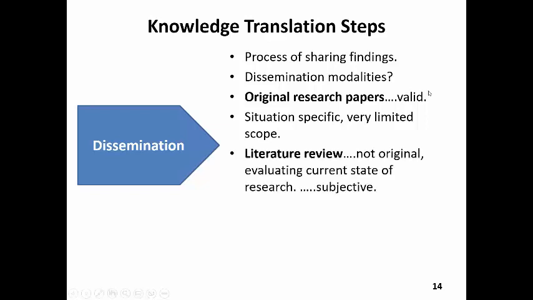The literature review is a very important and very effective way to disseminate original research. It's important to note that the literature review in and of itself is not original, but what the literature review does is it compiles many original research papers and evaluates the current state of knowledge or research.